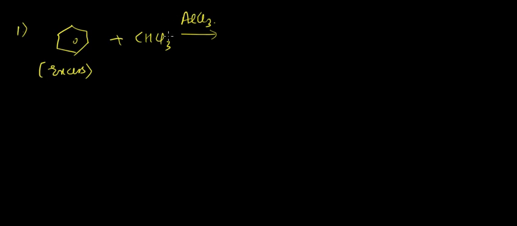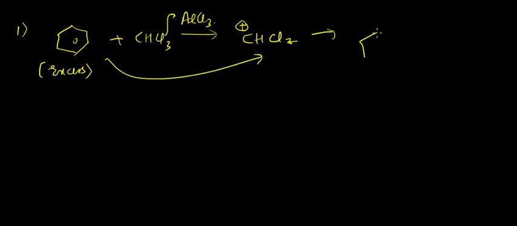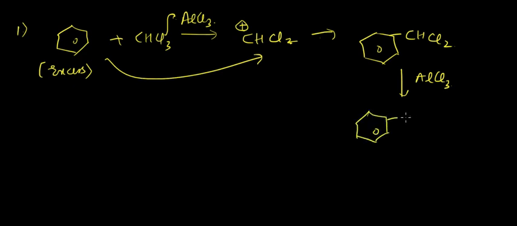Okay, so first one Cl will be attacking on AlCl3 to convert itself into AlCl4 and a positively charged carbocation, and in this case we would get something like this, and on this benzene would attack and we will get something like this, CHCl2. Again AlCl3 will come into the picture. Okay, and we'll get something like this as our compound, CH plus and Cl.